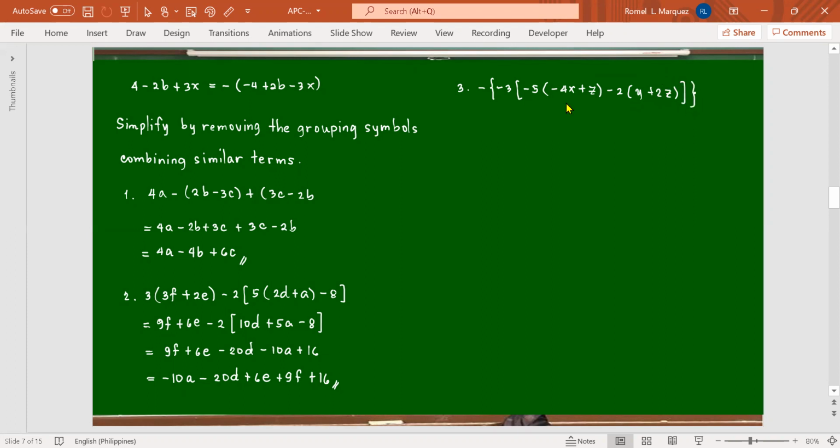Okay, guys? So the grouping symbols are inside other grouping symbols, no? So ang priority natin yung innermost. What is the innermost here, guys?